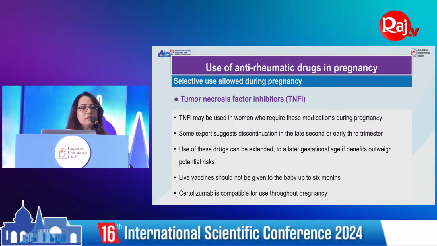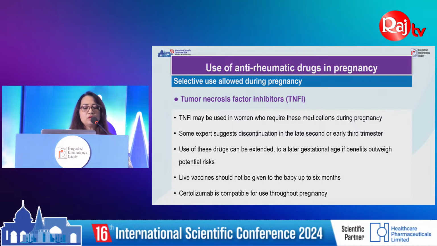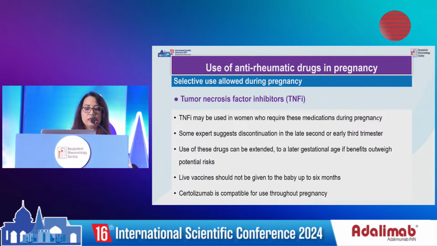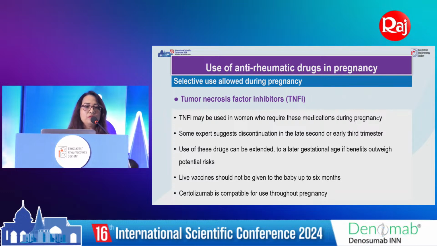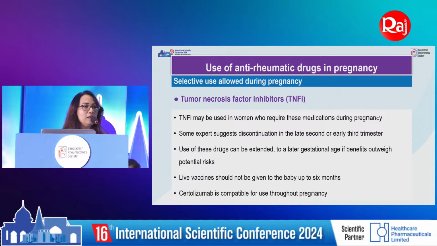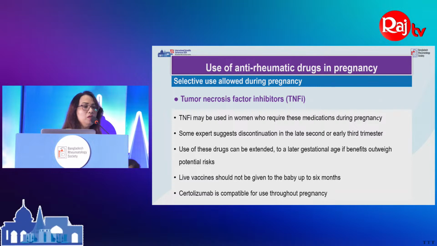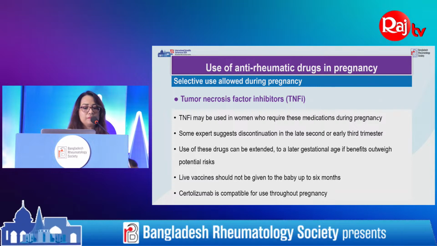but newer information coming up showing that these drugs can be extended to a later gestational age if benefits outweigh potential risk. We should not use live vaccines for the baby up to 6 months. Certolizumab is the drug which is not available in our country, can be used throughout the pregnancy.